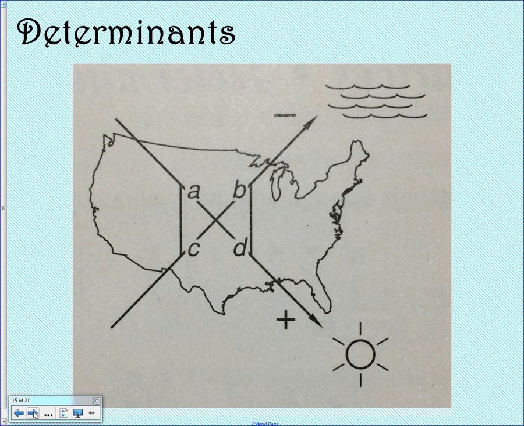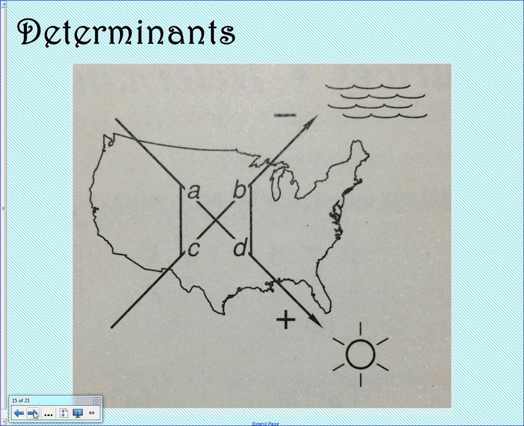The book has a cute little graphic to help as a mnemonic. It says, as a memory device, we will superimpose the problem on a map of the United States and associate the minus sign with the cold waters of the North Atlantic and associate the plus sign with the sunshine of the islands of the Caribbean.